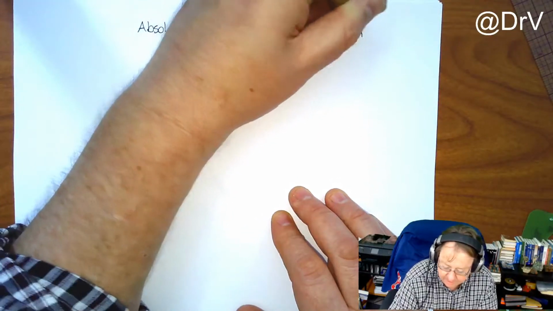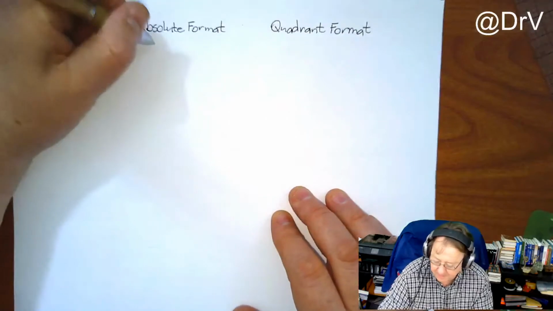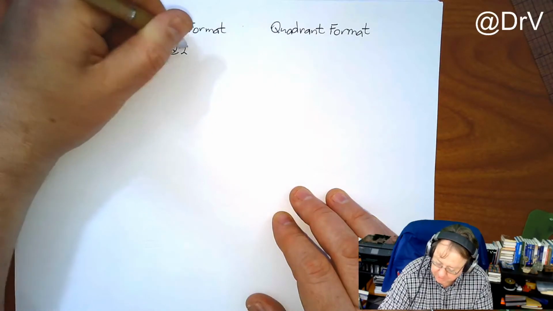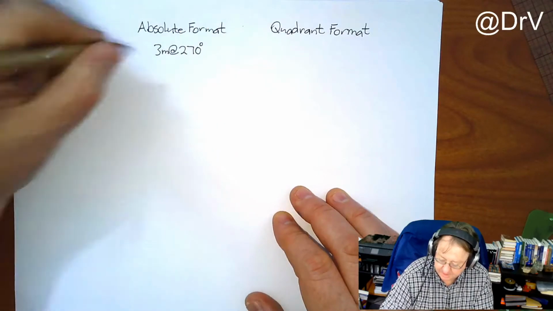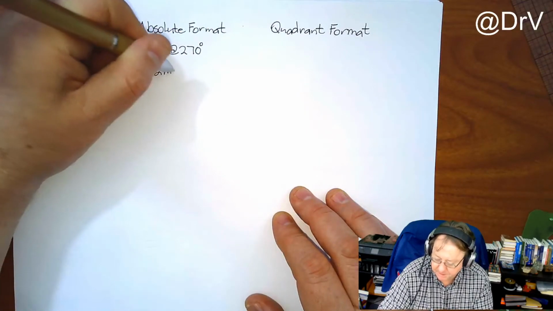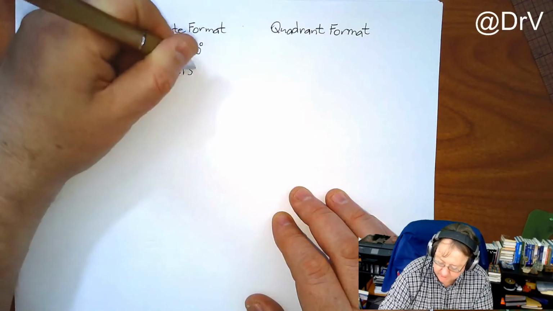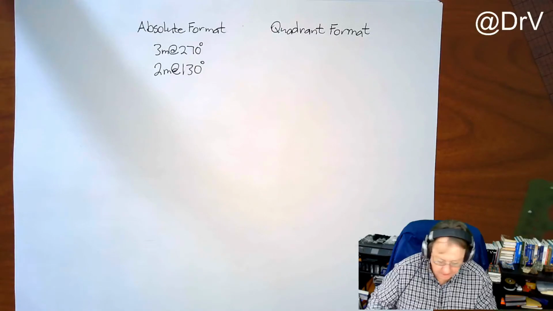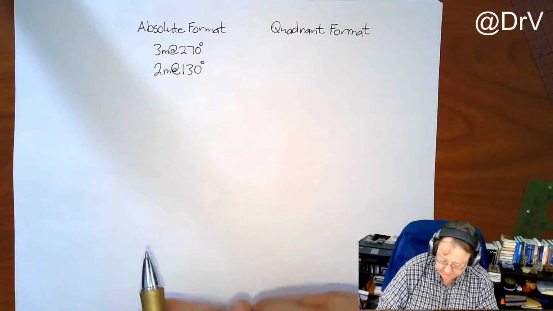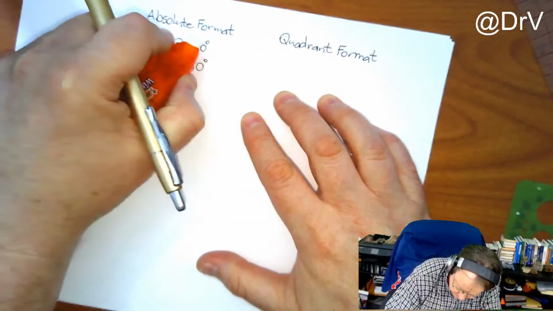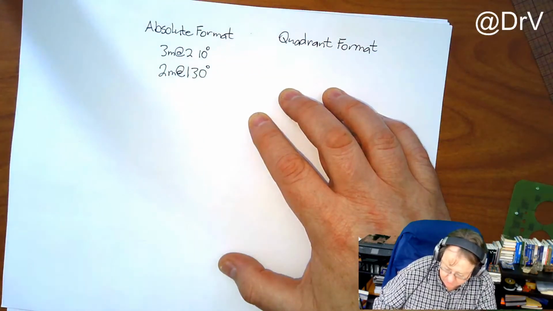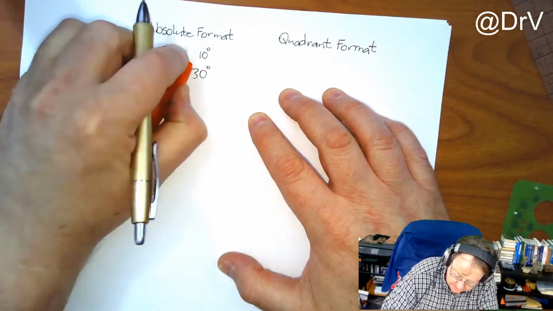The absolute format is like 3 meters at 270 degrees, or 2 meters at 130 degrees. And just to make things easier, I'm going to change that 270 to 210, since it's just right there.